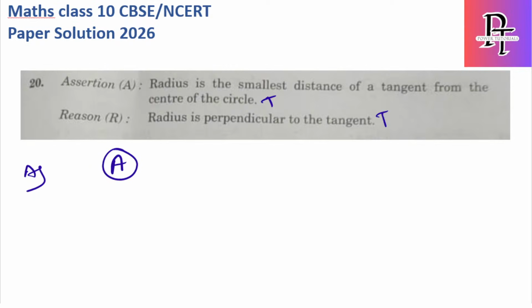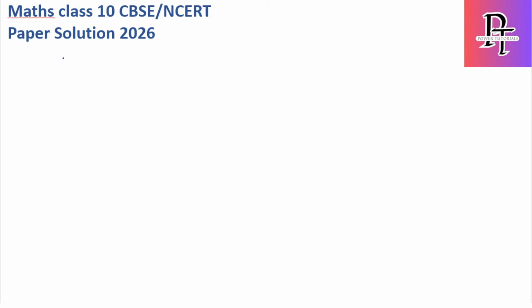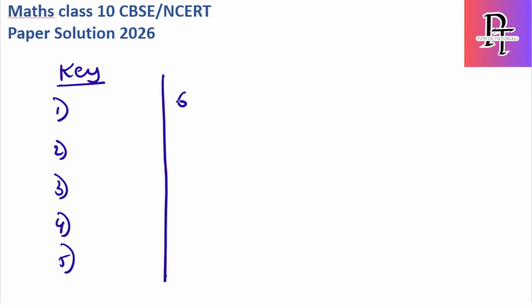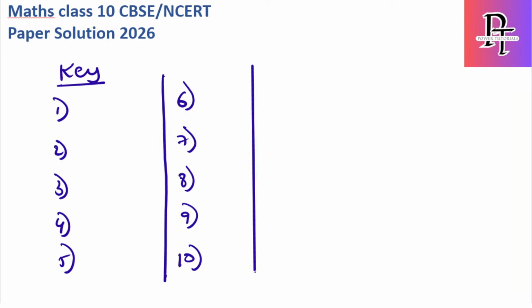Okay, as a whole, I will write the answer key here for all 20 questions: 1 2 3 4 5, 6 7 8 9 10, 11 12.